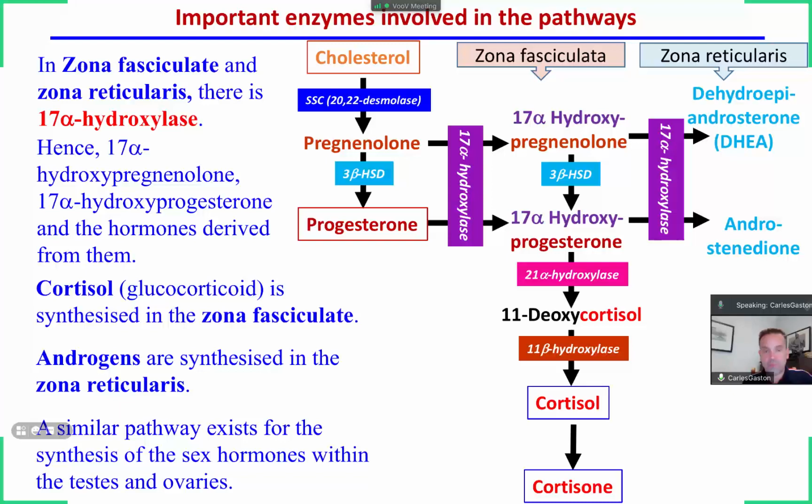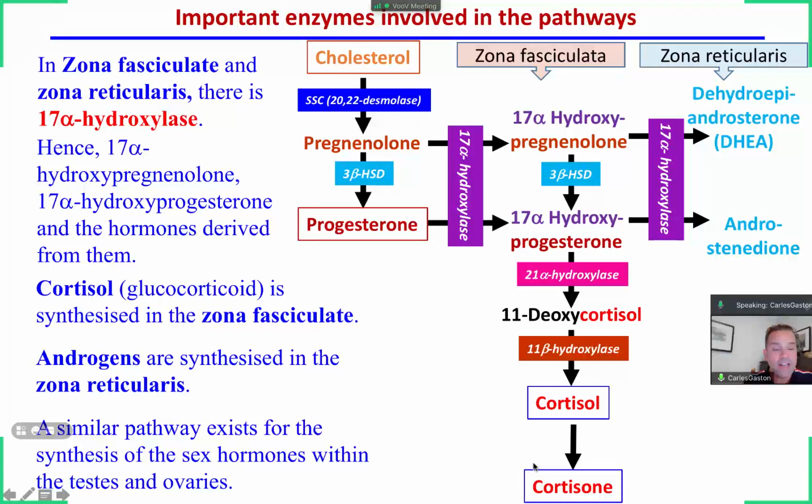So if you look into it, 17-alpha hydroxyprogesterone is converted by 21-alpha hydroxylase into 11-deoxycortisol. There is a further enzyme here, 11-beta hydroxylase, that finally converts it into cortisol, and cortisol into cortisone.